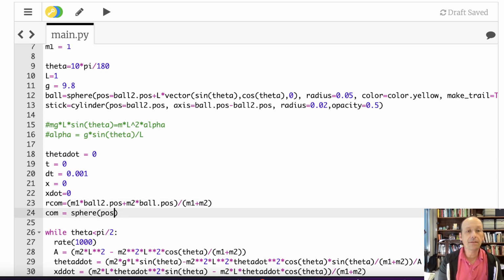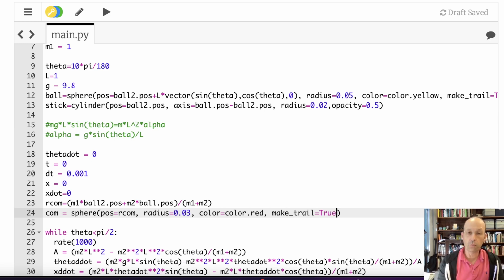Now I'm going to make this sphere at the position RCOM, the center of mass. The radius is going to be 0.03, and the color is red. And make trail.